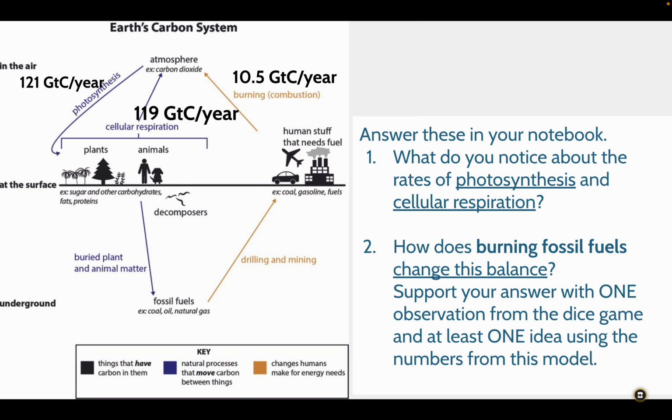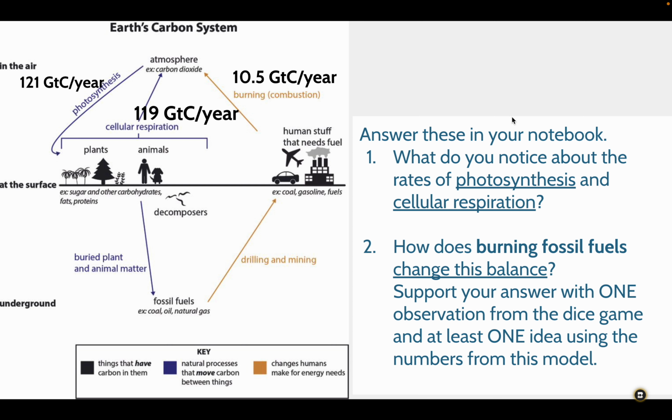So when I put that on my carbon system model, I have my 121 by photosynthesis being taken out of the atmosphere. I have 119 going into the atmosphere. And then I have my 10.5 gigatons being released by humans burning fossil fuels.